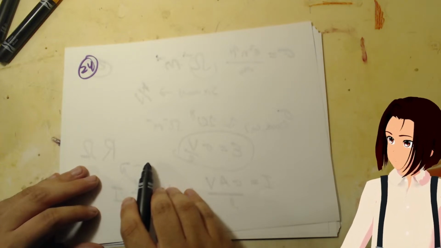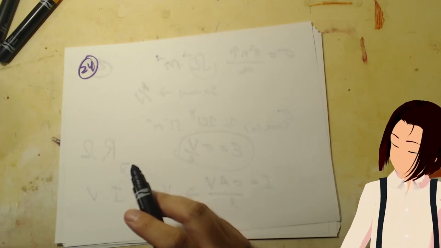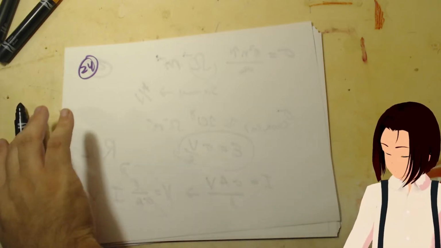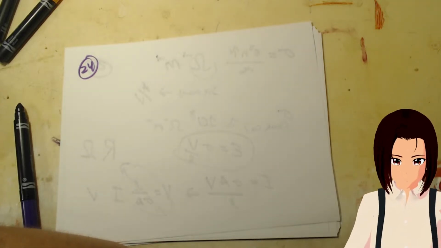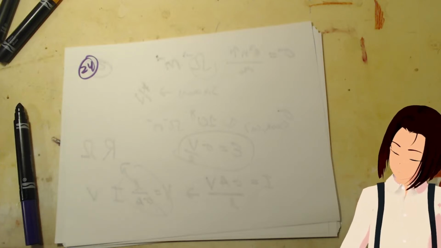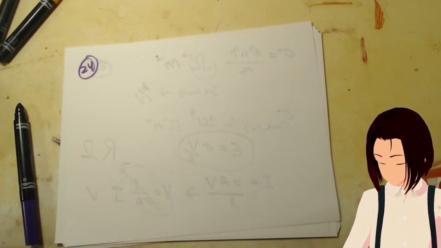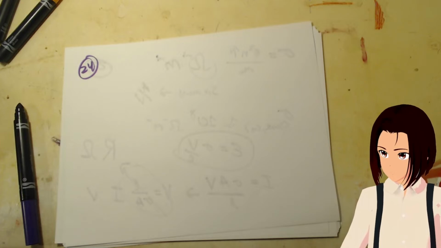So one of the things that a lot of instructors just skip is that Ohm's law, they write it off as something that's linear, a linear relationship between current and voltage.